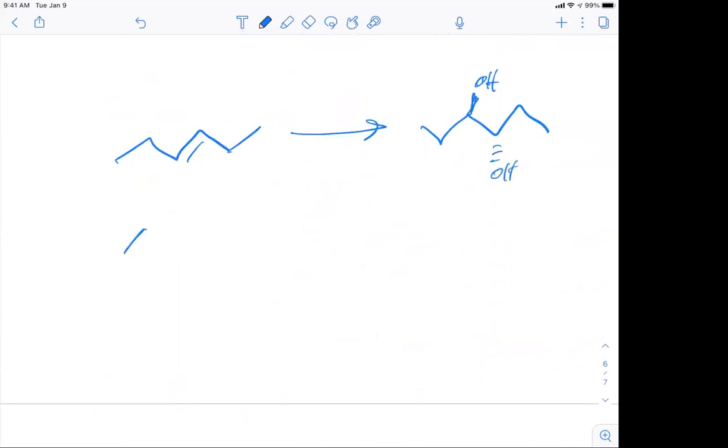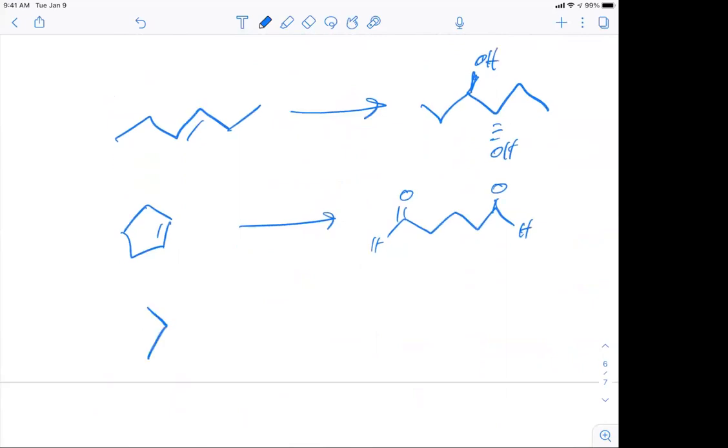Or how did I go from this to this, right? Or how did I go from this to that, right?